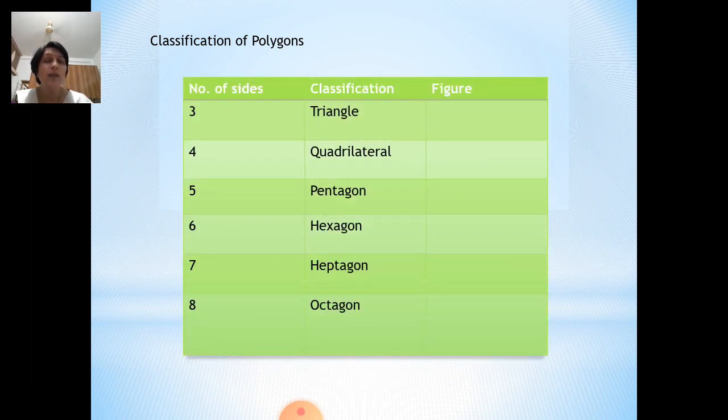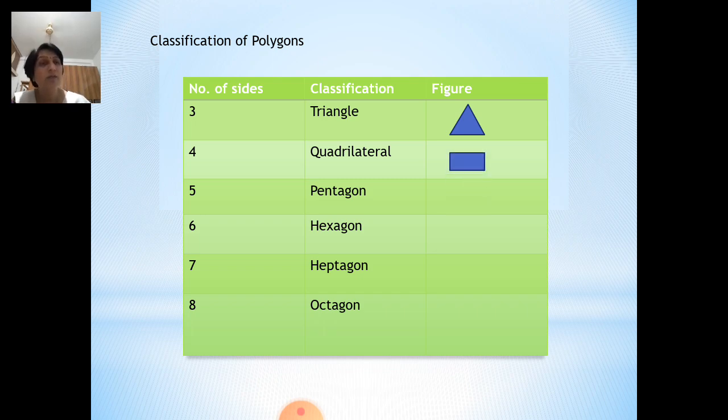Now moving to the next topic, classification of polygons. According to their shapes or their sides, the polygons are named, they are classified. The polygon having only 3 sides is called a triangle.